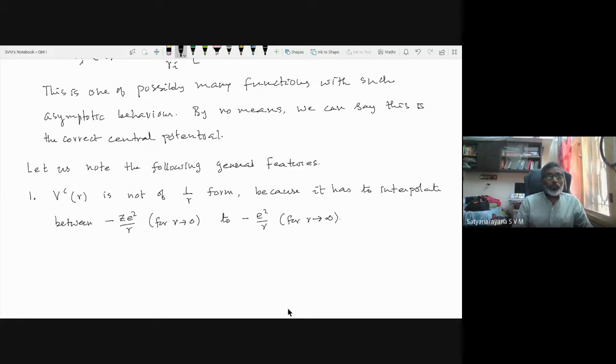So in between it cannot be 1 by R. It has to go faster or it has to go slower, so it will not be of 1 over R form.